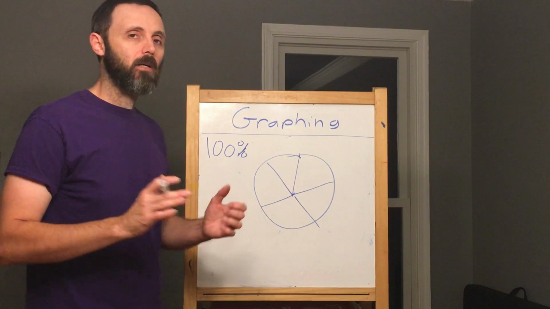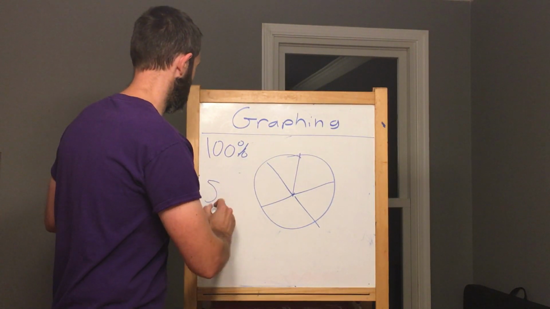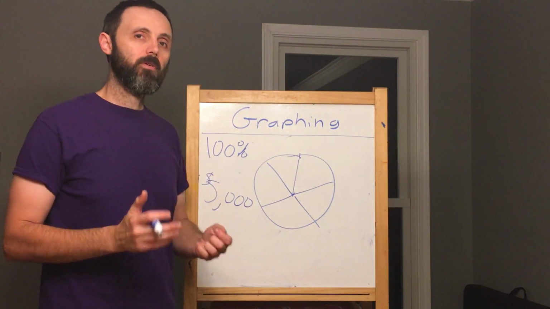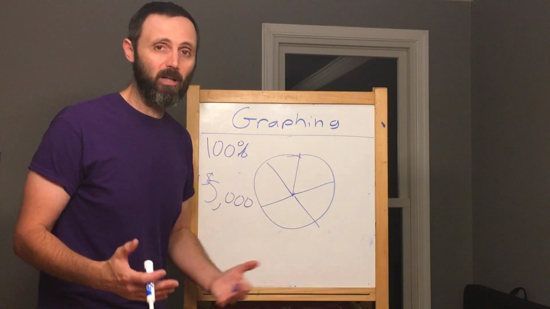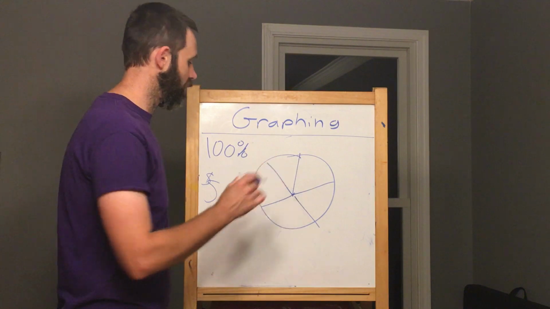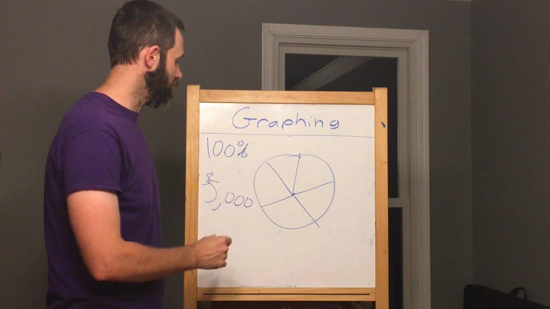And let's say you've got a business and you've got $5,000 as your budget. So what I had them do, and do this with a real project or maybe your monthly budget, whatever it is, let's say it's $5,000 a month. Maybe that's your monthly budget. It adds up to 100%.